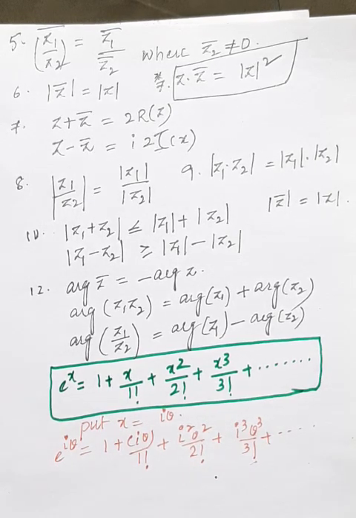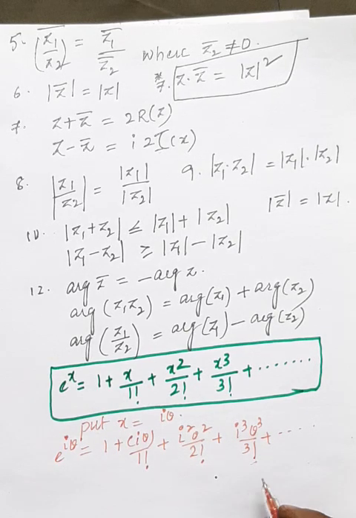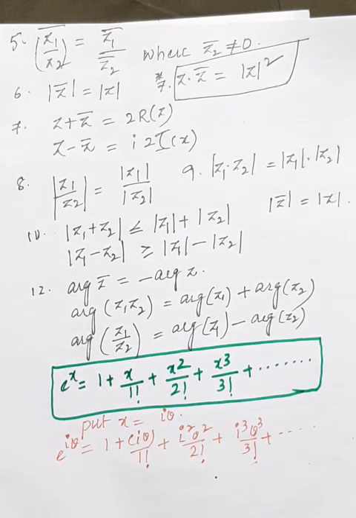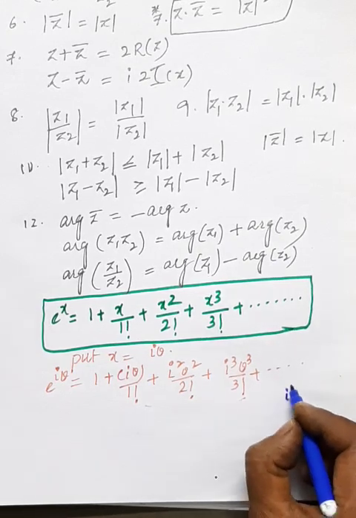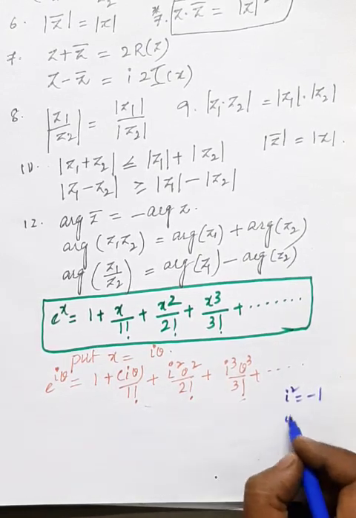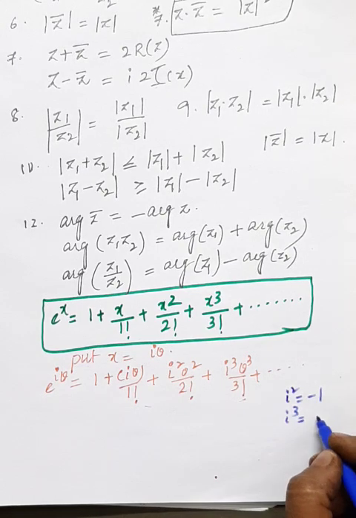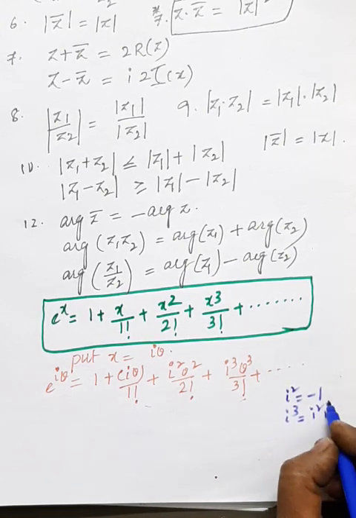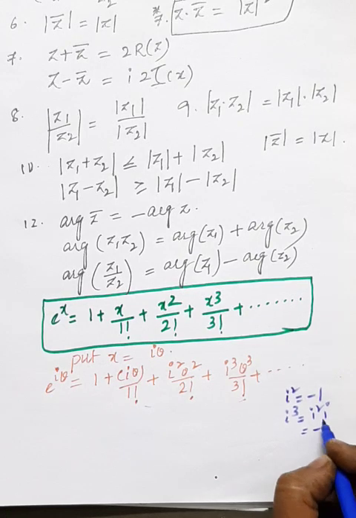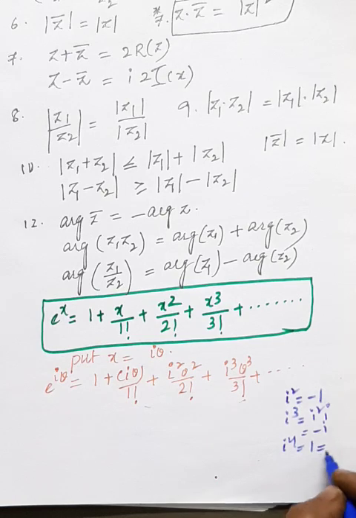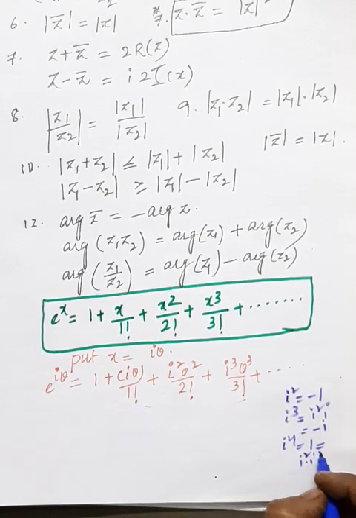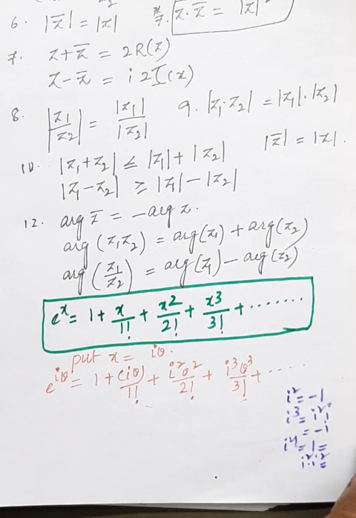From this I can write i is equal to i only, but i square equal to minus 1. So here you have to identify some values where i square is equal to minus 1, i cube is equal to i square into i. So minus 1 into i, minus i. i power 4 is equal to plus 1, because i square into i square is equal to minus 1 into minus 1, plus 1.